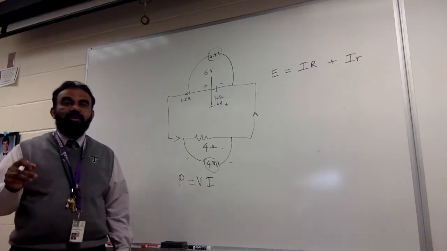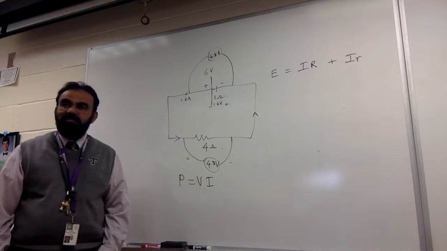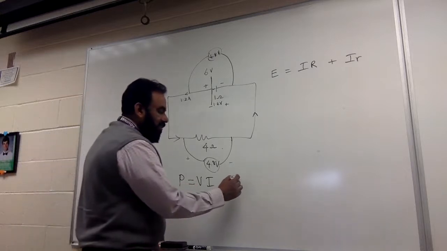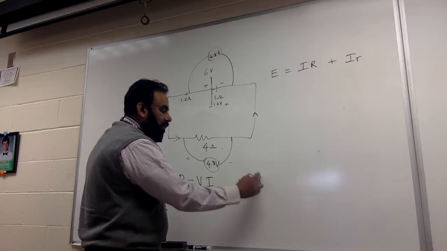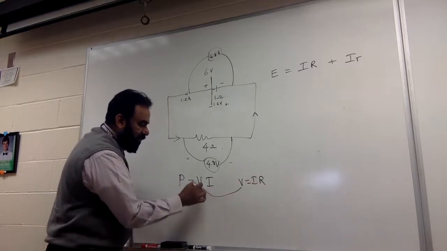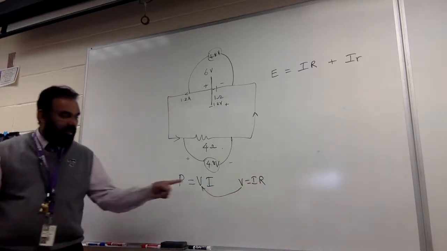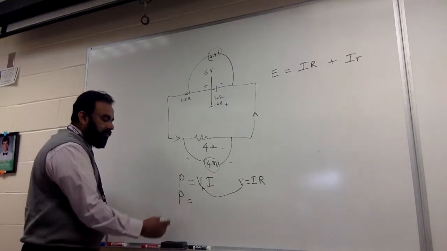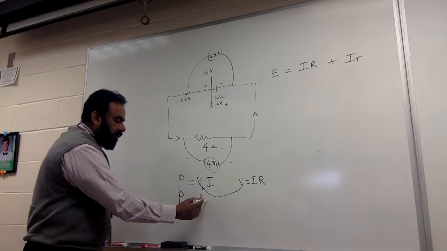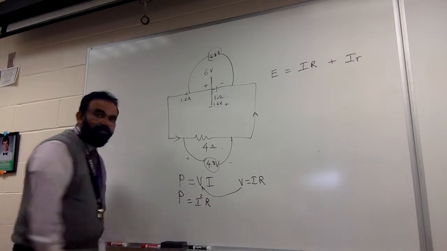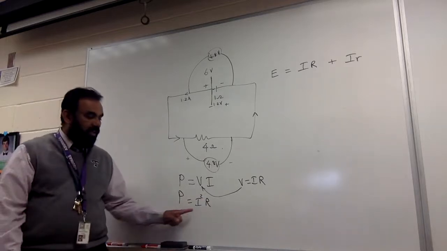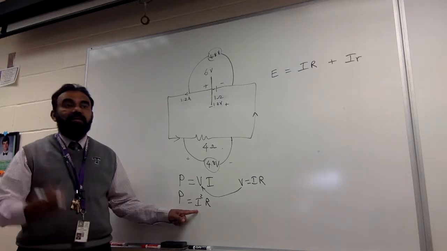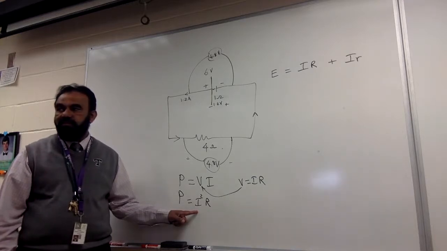Now, if I use Ohm's law, I can replace one of these terms. Since V is equal to IR, if I replace this V with IR, what is power equal to? I square R. This is the power equation in terms of I and R. Make sense?